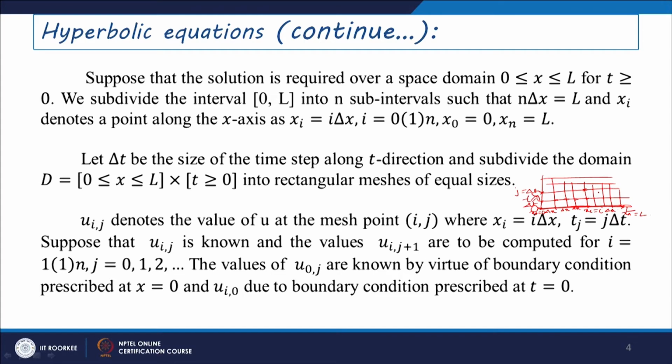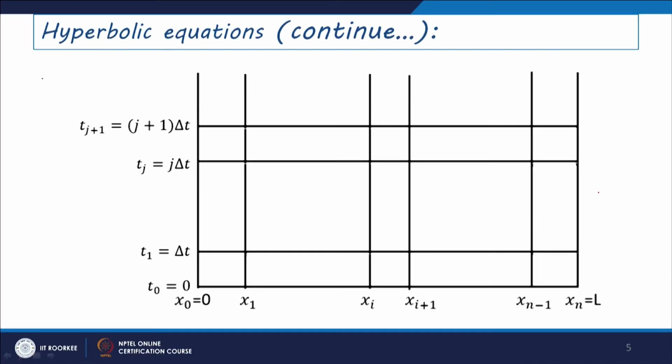If we proceed, we can discretize the complete domain as defined in this picture. x 0 equals 0 is the starting point, and x n equals L is the end point. We are dividing the total x axis, or x space, into n coordinates, each of length del x.